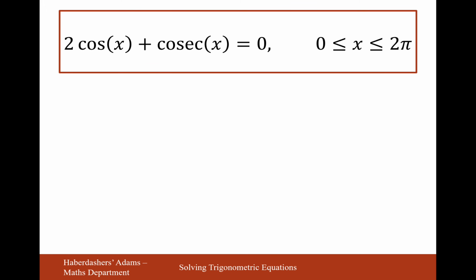Let's move on to the next one, and it's 2 cos x plus cosec x equals 0. So let's first of all put everything in terms of cos and sine. Let's move the fraction onto the other side.